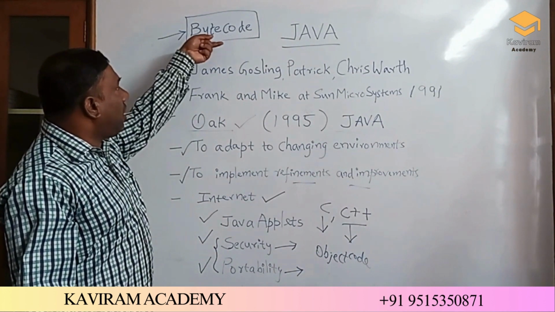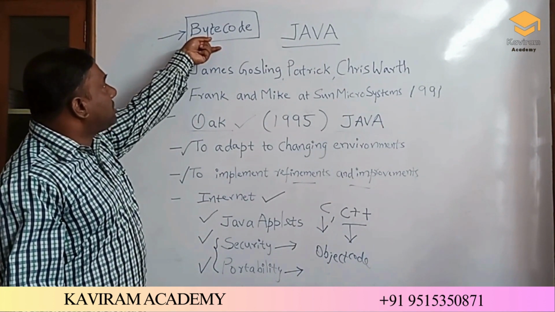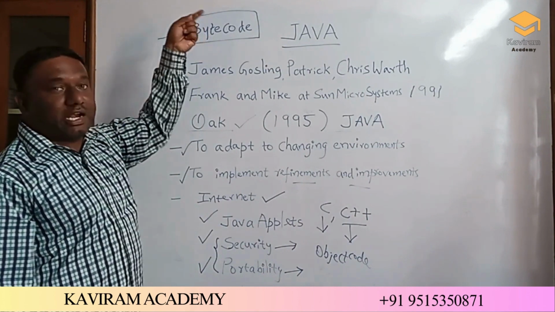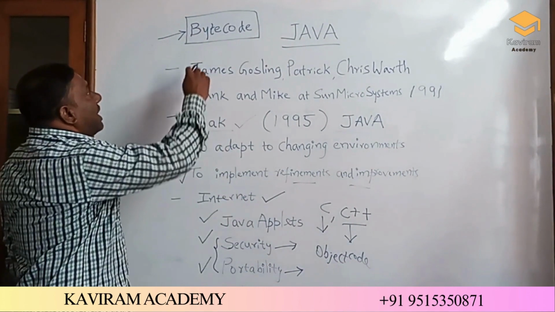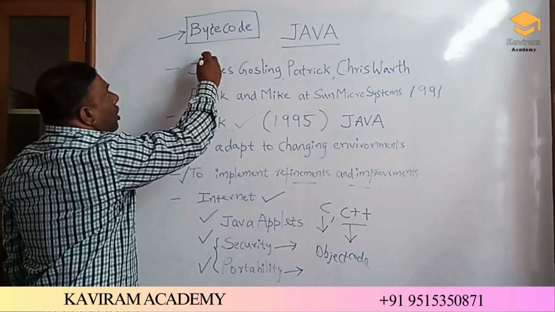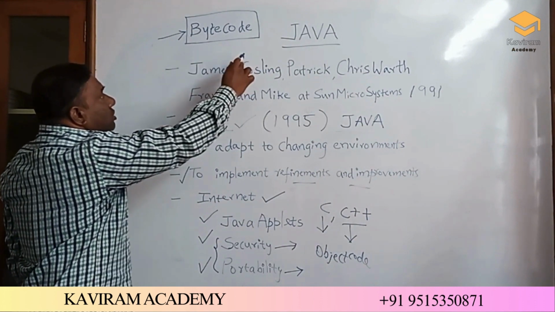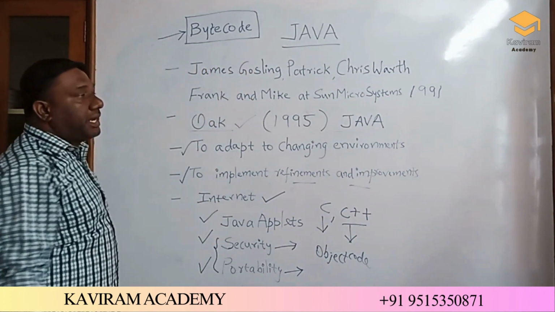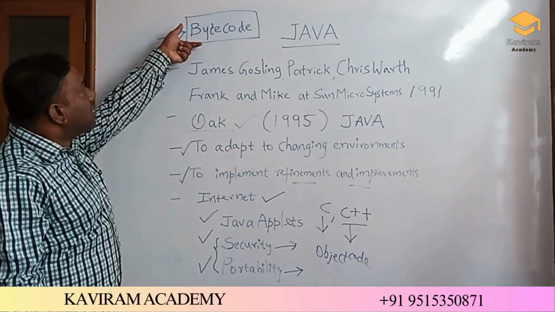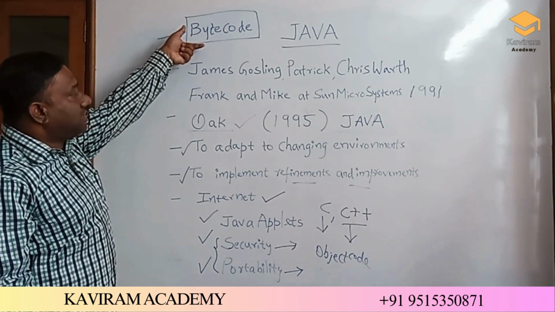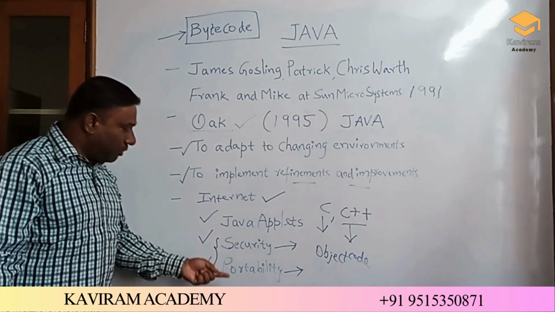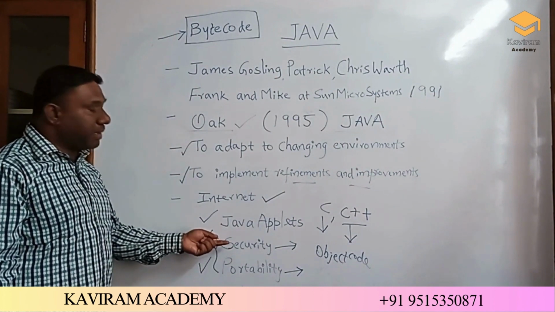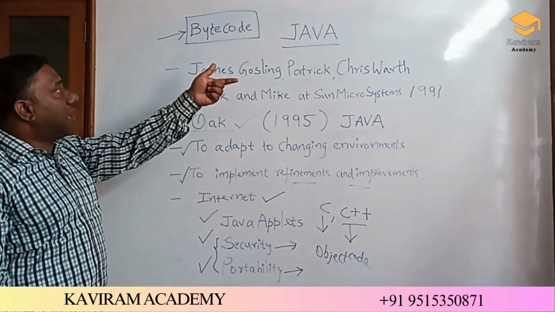After that, I execute this bytecode using an interpreter, and there I get my executable code or object code. The executable code is created after the bytecode has been interpreted by your Java system. In this way, the security and portability problems have been solved in Java.